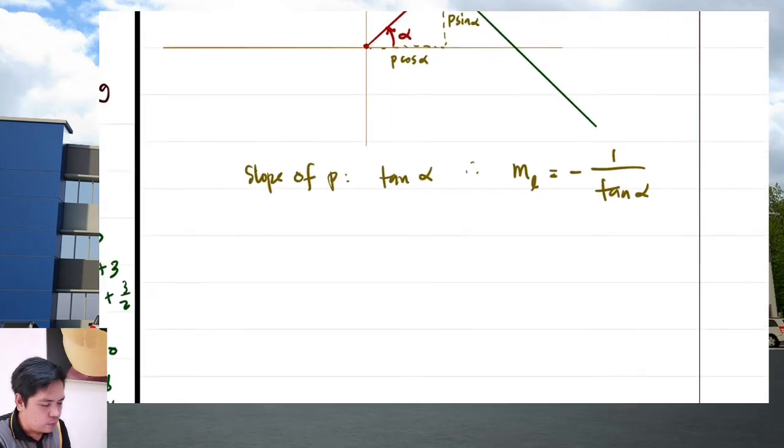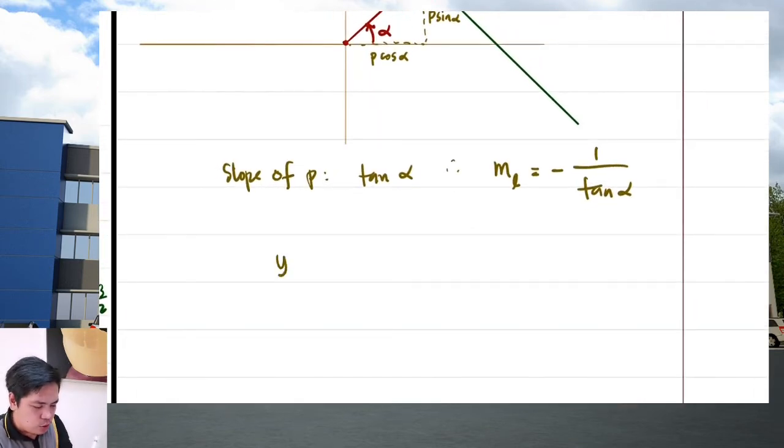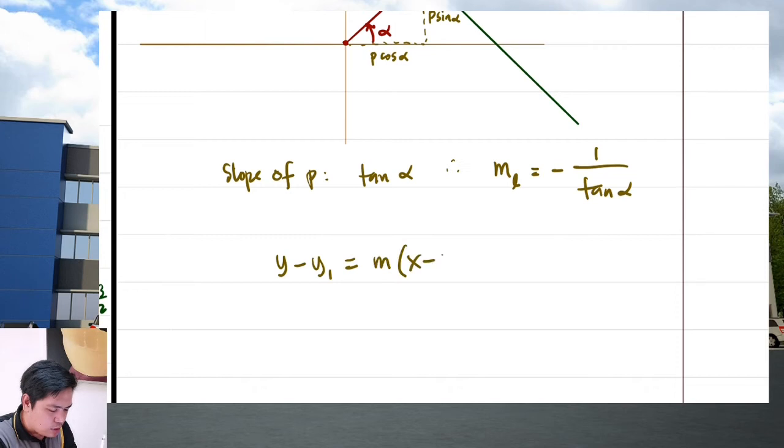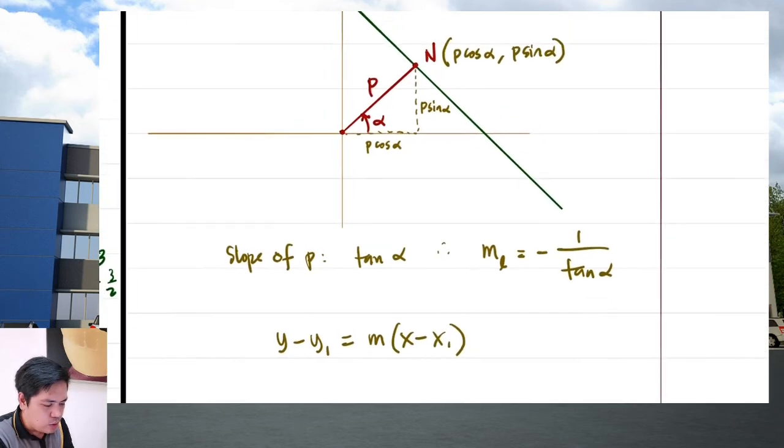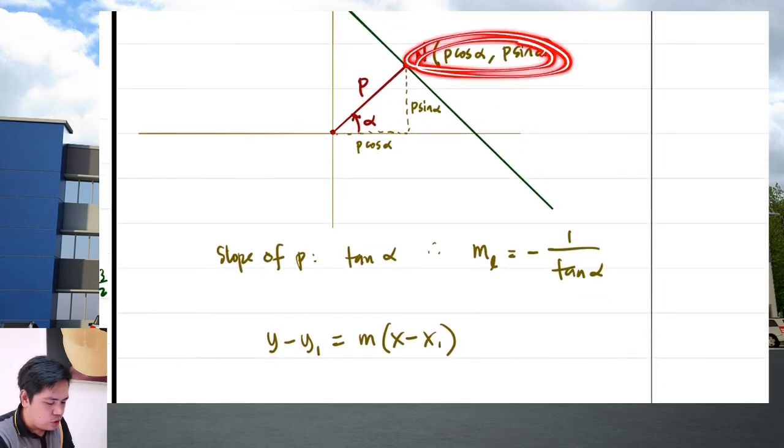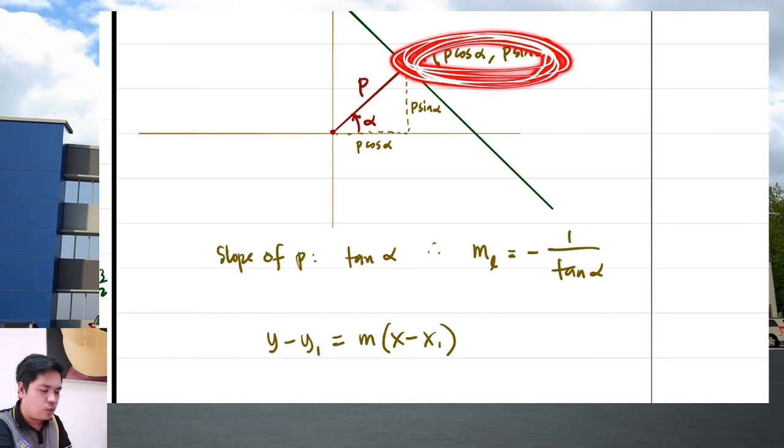Okay. Now, since we know the point slope form, point slope form yung gagamitin natin. So, that would be y minus y1 equals the slope times x minus x1. So in this case, we are looking at this point. So this would be our x1, y1.